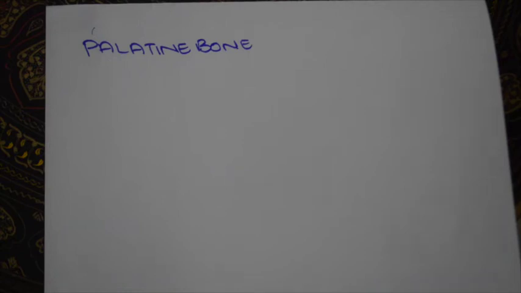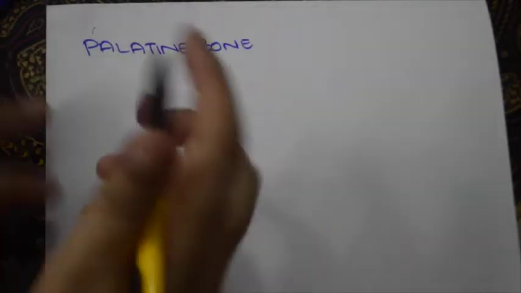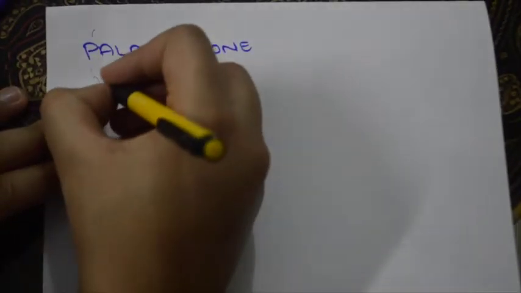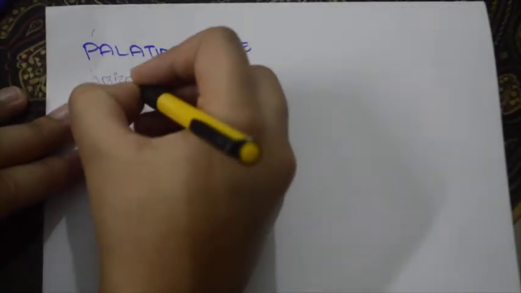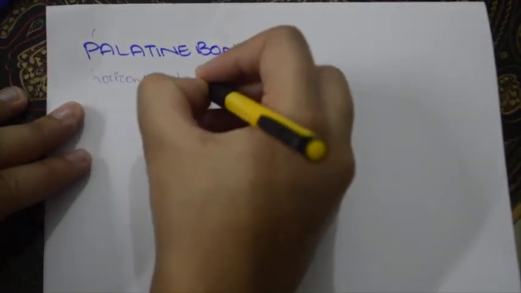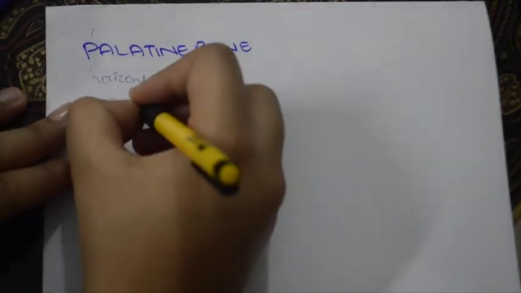That is all I knew, because that was what I could see and picture. But I have to make a picture in my head of what it actually is. It has two parts. First is the horizontal part, that is known as the horizontal plate, and the other is the perpendicular part, or the perpendicular plate.